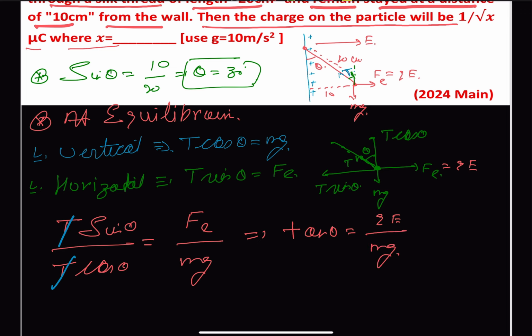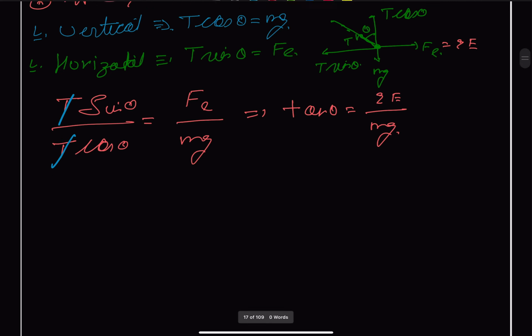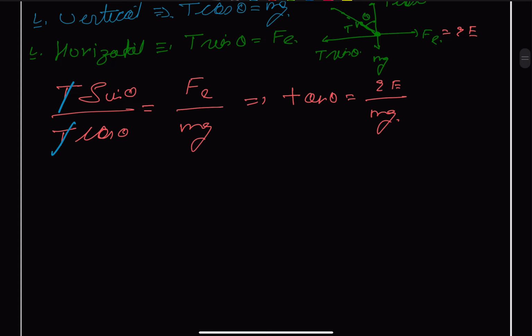We need to find out our charge, so we can just adjust the equation, and we get q is equal to mg tan of theta divided by the electric field. All the values we know, so we simply substitute.